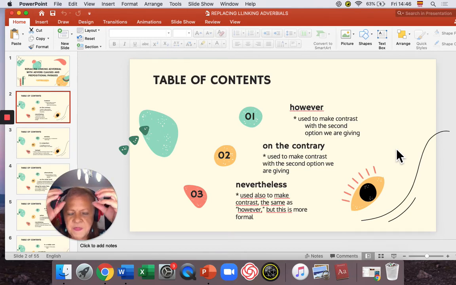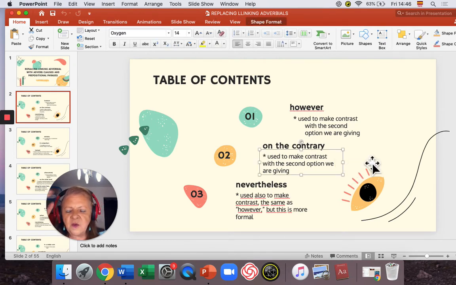Okay? I will give you examples at the end. Then we have on the contrary. This is also used to make contrast with a second option. Okay?